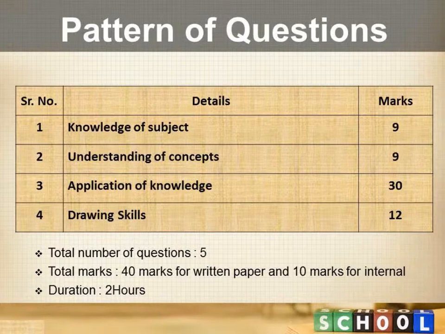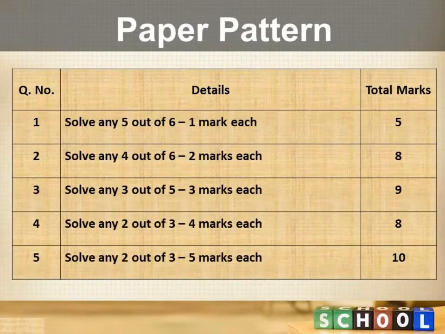So what is the question paper pattern? There are total 5 questions which are asked for 40 marks, and you have to complete it in 2 hours, that is 120 minutes. Question 1 has 1 mark questions. There are 6 questions out of which you have to attempt any 5. So that is for 5 marks.